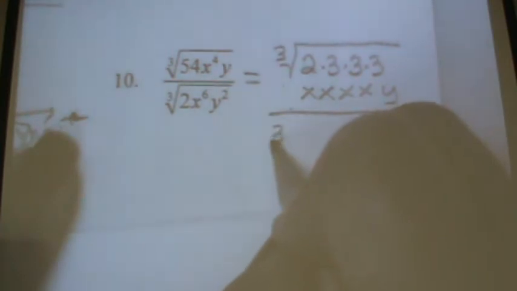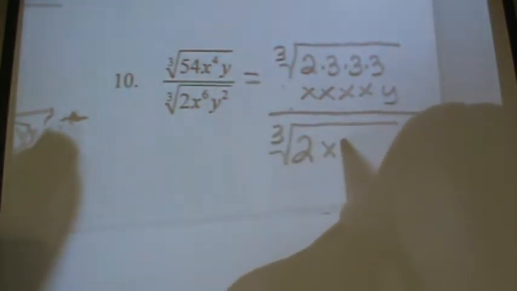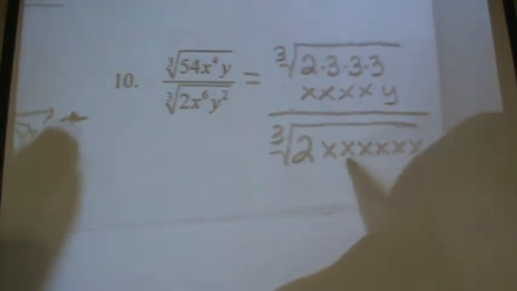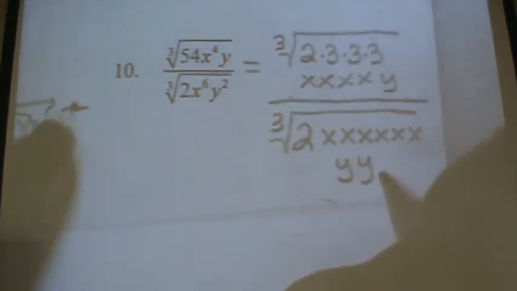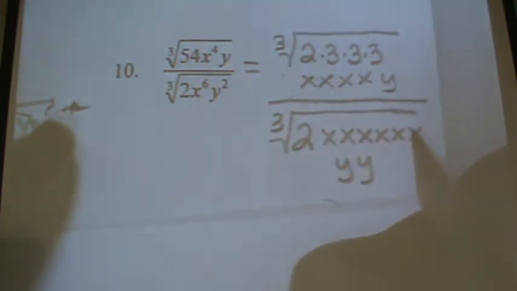And then in the denominator, we have the cube root of a 2. We have 6 x's. Now this, you don't have to do this for all these problems, but I'm just showing you what you could do. So you have 6 x's, 1, 2, 3, 4, 5, 6. And 2 y's.